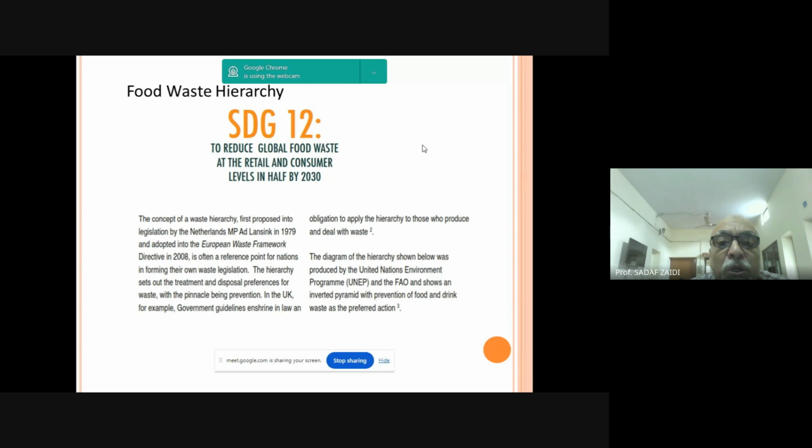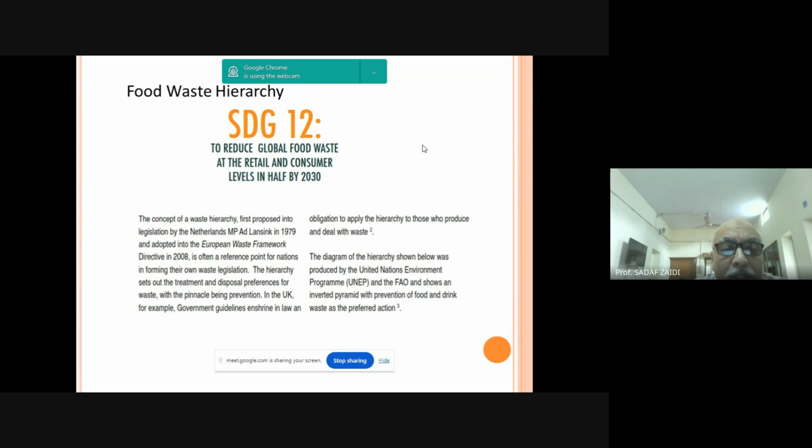To reduce global food waste at the retail and consumer levels in half by 2030. There was a concept of a waste hierarchy. It was proposed by, and turned into a law by, a Netherlands MP, right?